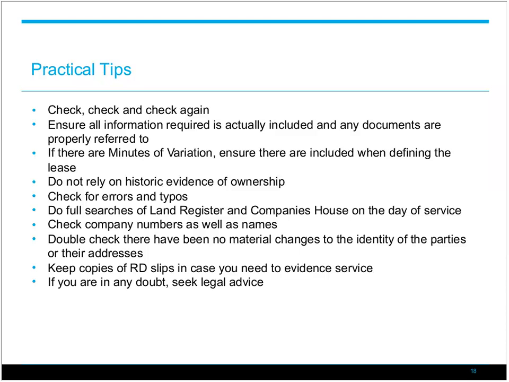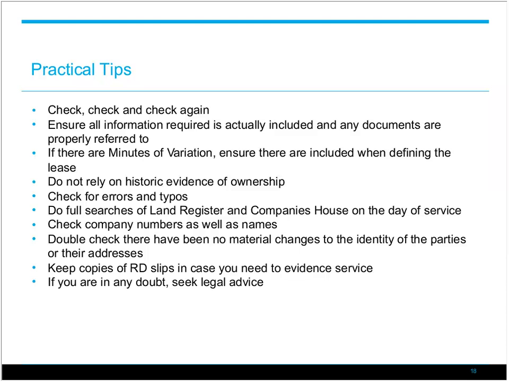Make sure that you get the description of the lease correct, including any variations which might have taken place. Don't rely on historic evidence of ownership. Unless you're a tenant in a secure tenancy relying on Section 84, you've got to check who the up-to-date landlord is. Once again, check for errors and typos.